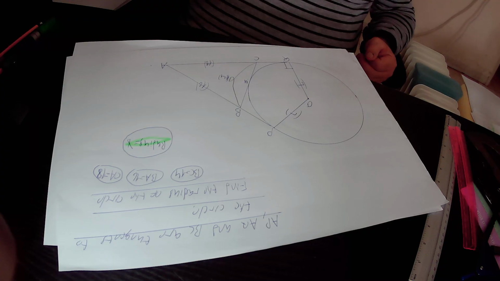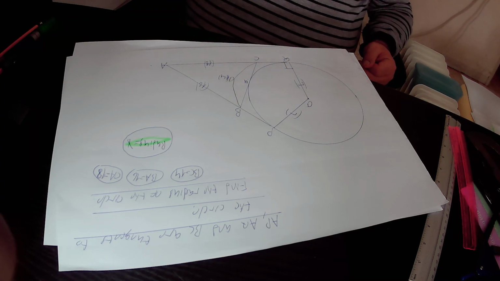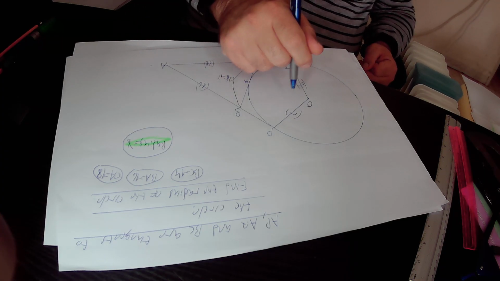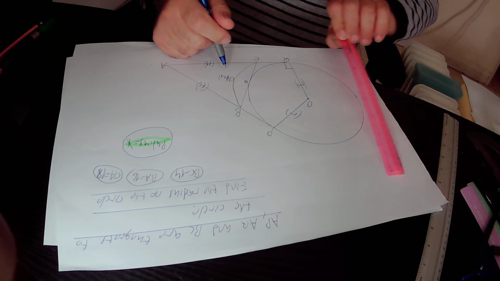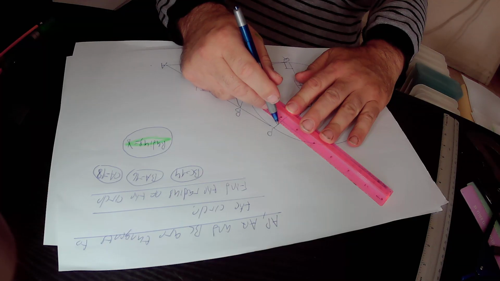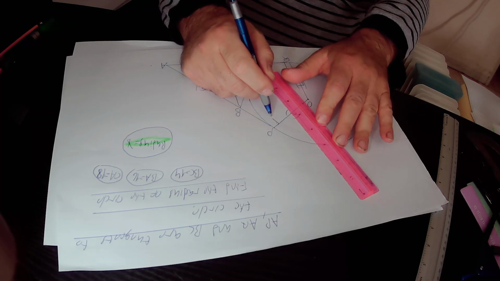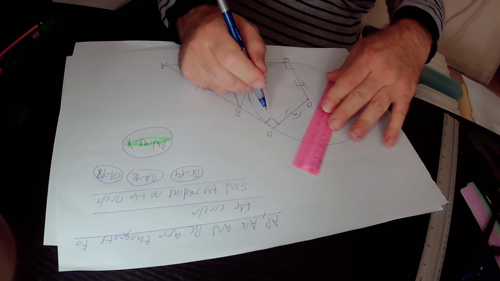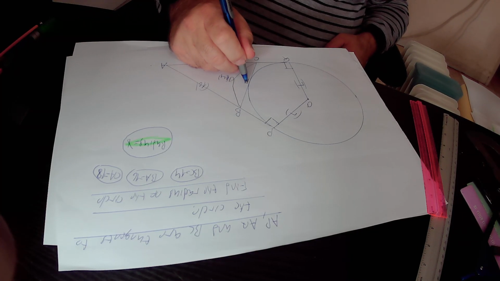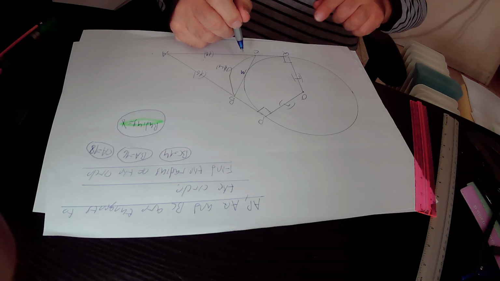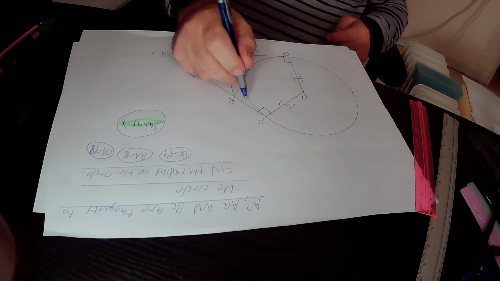Whenever you have a radius that is drawn to the point of tangency, then tangent AP will be perpendicular to the radius PO. If AP is perpendicular to PO, it means that this angle also equals 90 degrees according to the same rule, rule 1. We define the length of this tangent PB as X.